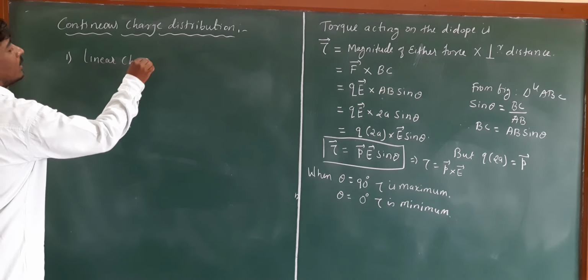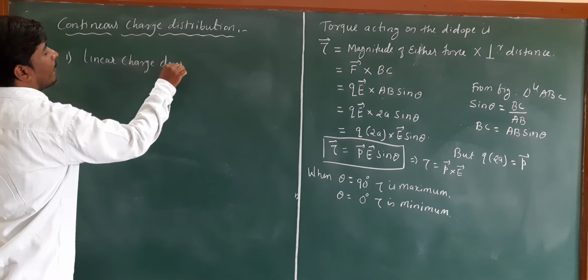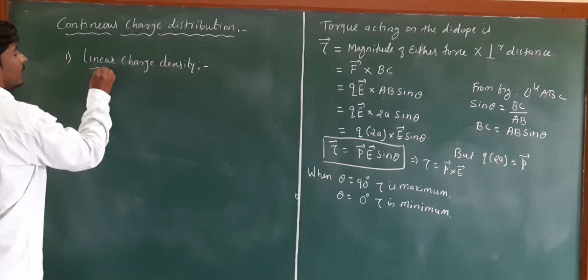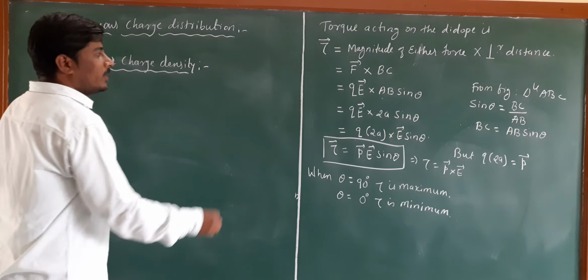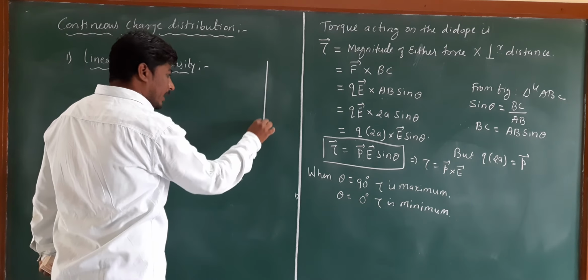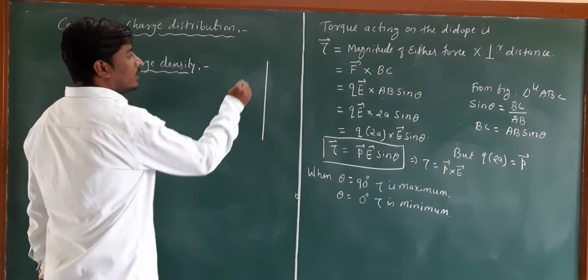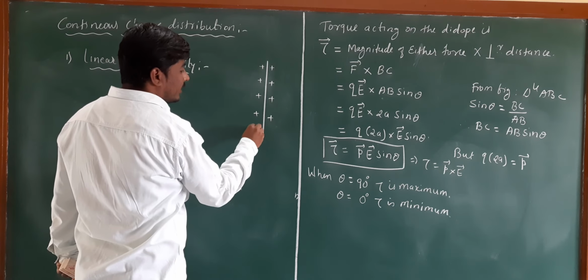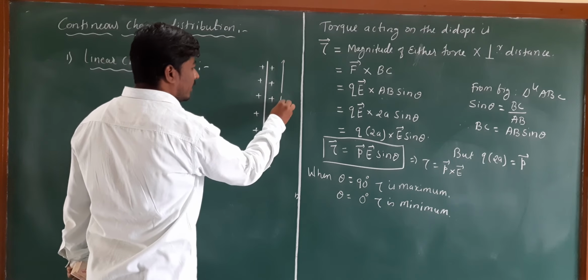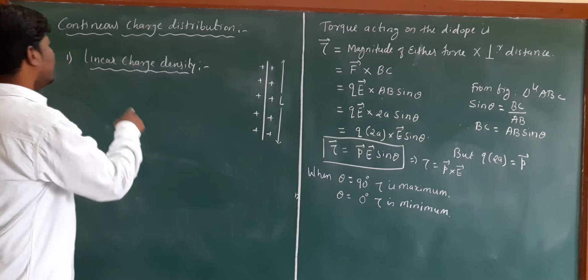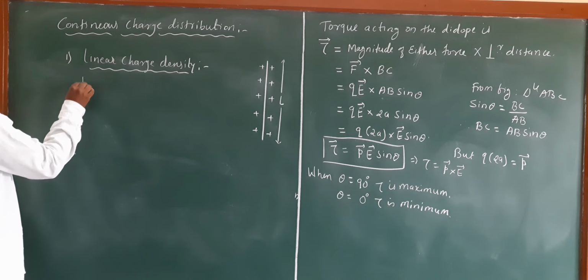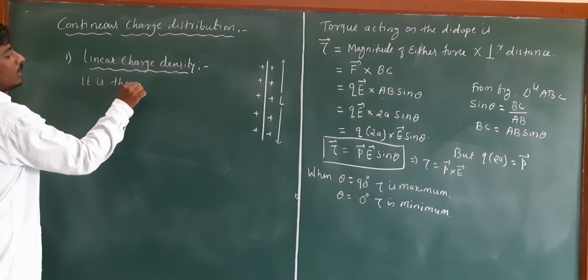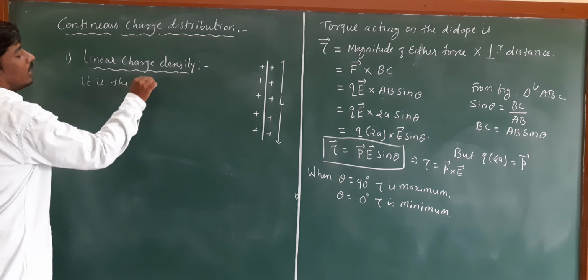If the charges are distributed along a straight wire of length L, then we define the linear charge density as the ratio of charge per unit length.